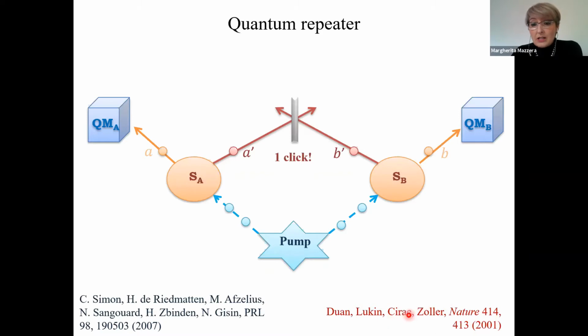This originally involved the generation and the storage of photonic entanglement by means of atomic ensembles. In the Geneva proposal, instead, the creation and the storage stage are separated, and this is to relax a bit the requirements of each building block.